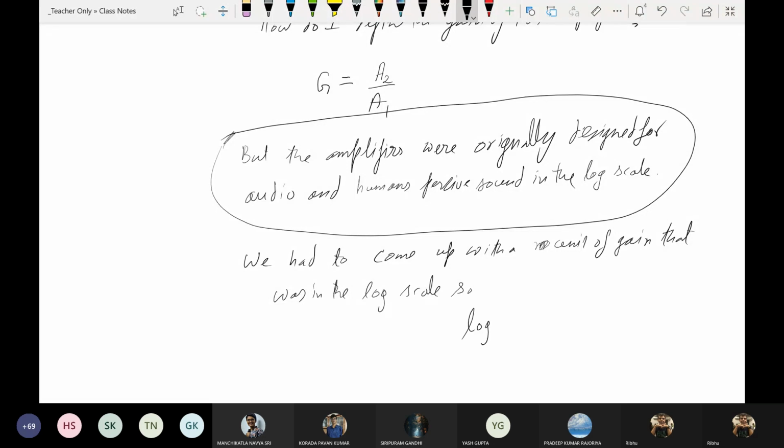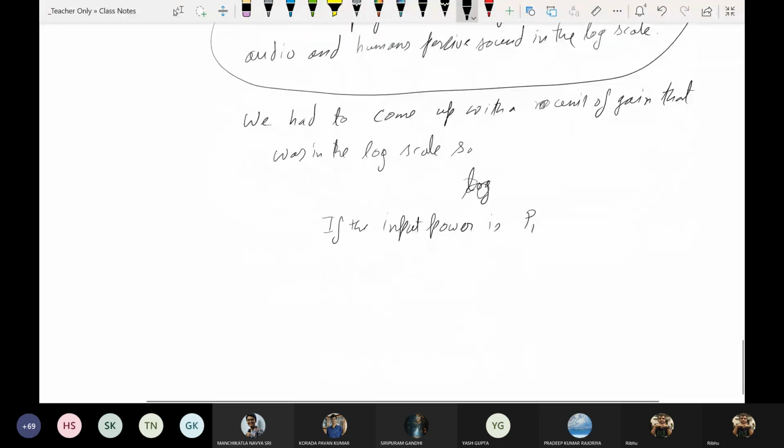So if the input power is P1 and the output power is P2, then the gain, sorry, here the gain is A2 square by A1 square.